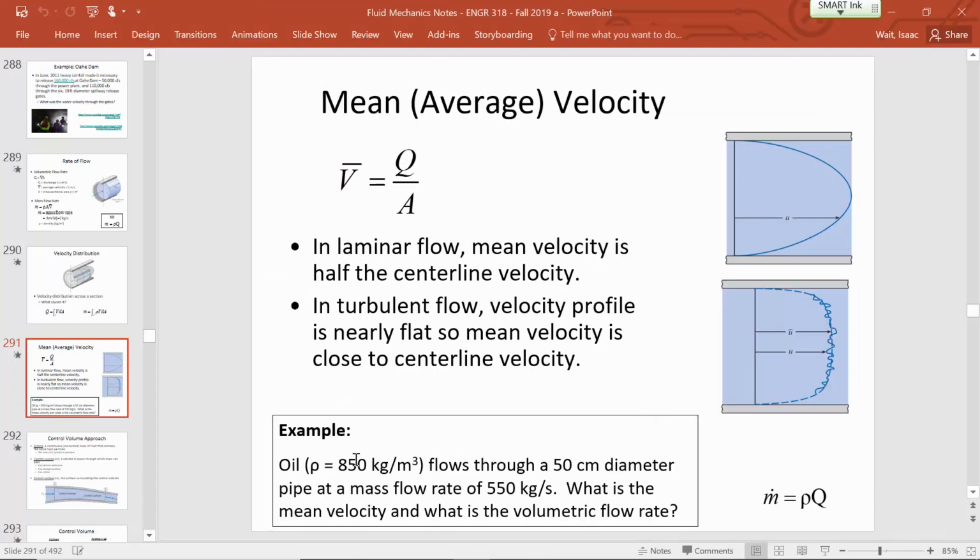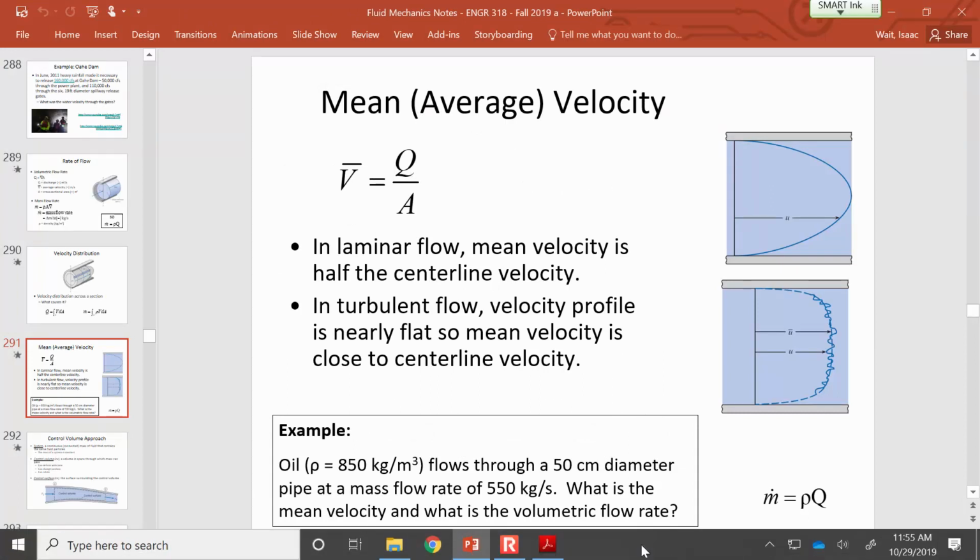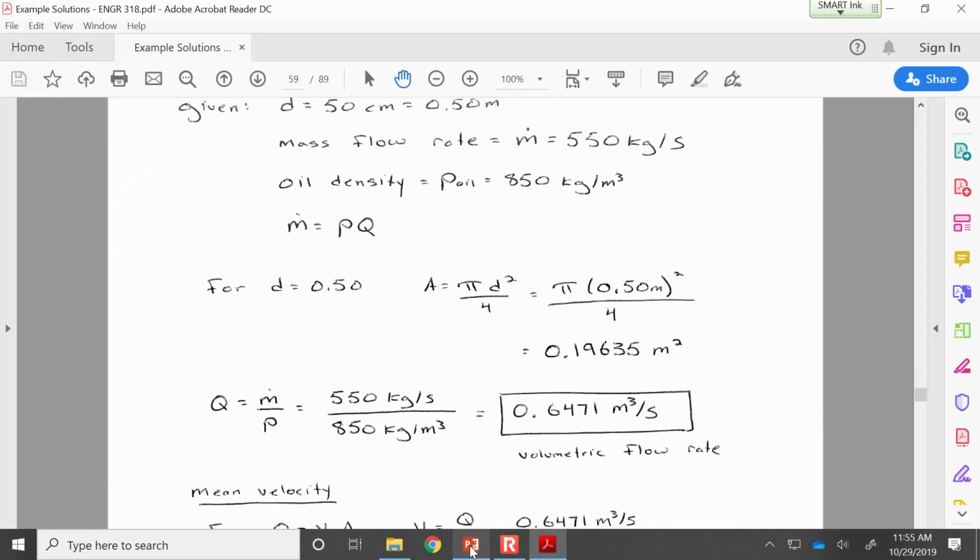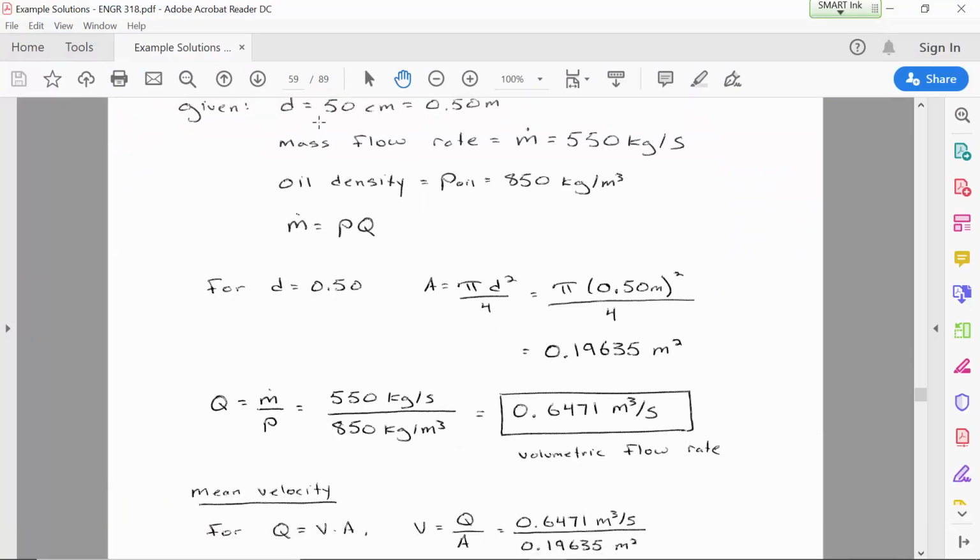Okay, so we have the density, the diameter, and the mass flow rate. We want to find the velocity and the volumetric flow rate. So just taking care of the units here, of course, if the diameter is given in centimeters, we're going to have to convert that to meters before we calculate the cross-sectional area.